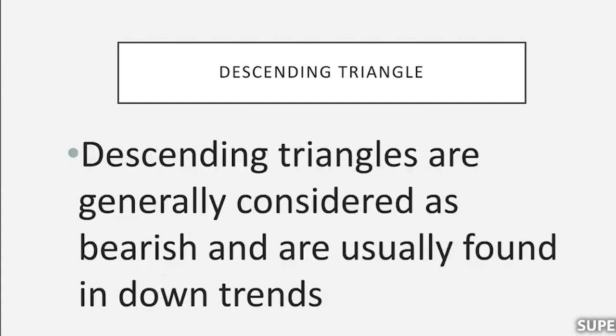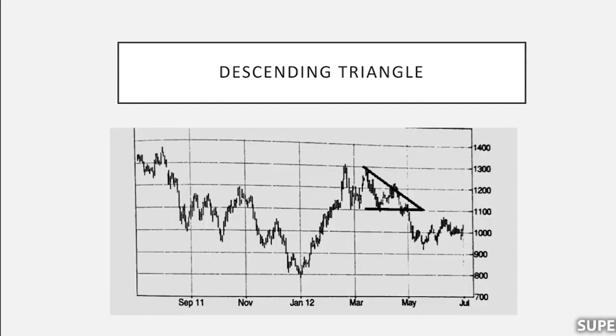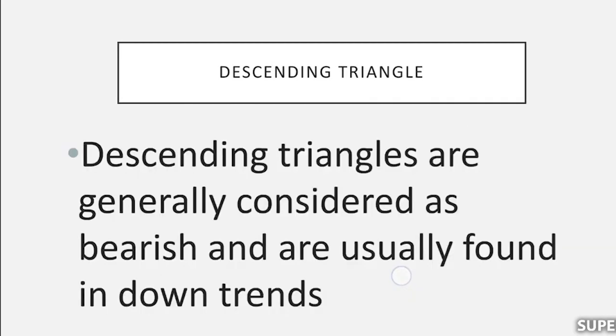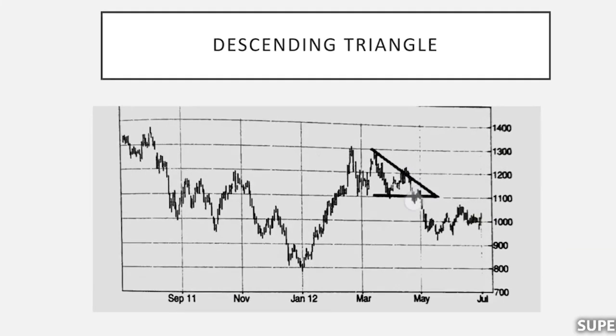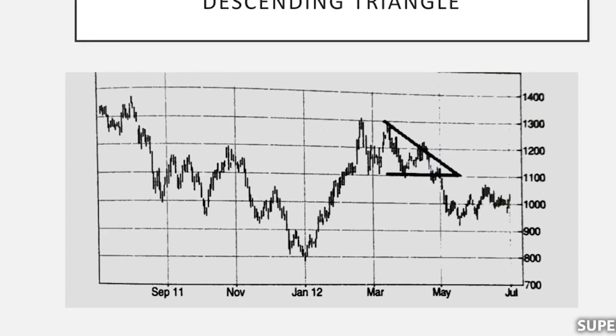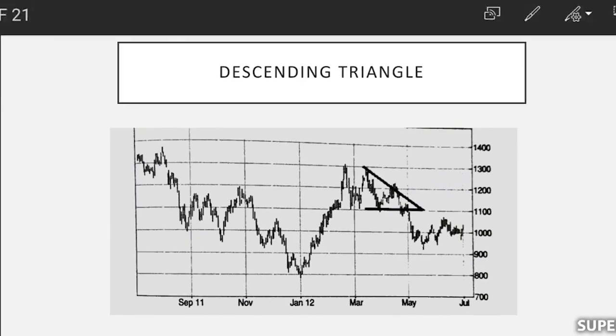And descending triangles. Descending triangles are generally considered bearish and are usually found in downtrends. The top part of the descending triangle is downward sloping, and the bottom part appears flat. The possibility of a downward breakout is high in the case of this pattern.